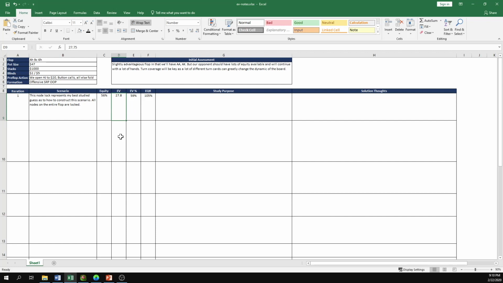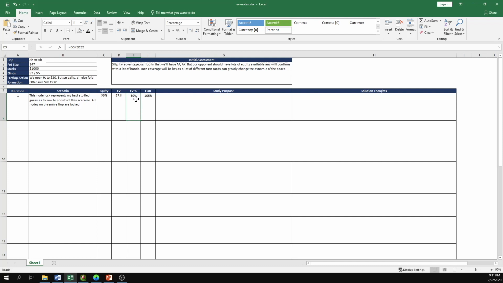But really what these metrics are doing is they're saying the same thing, right? The EV is measuring the percent of the pot I'm capturing here. So I'm capturing 59% of the pot, and the EQR is measuring the percentage at which I'm over realizing my equity.